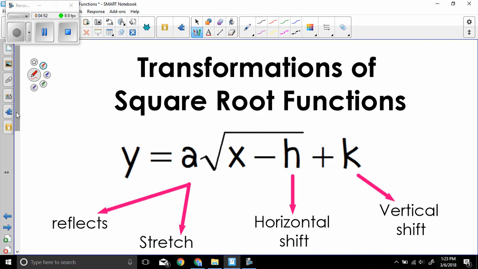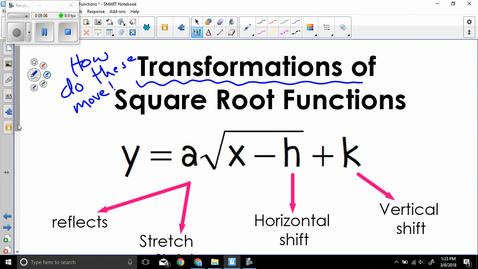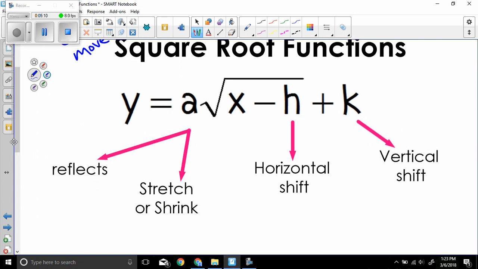Brings me to the transformation equations. Transformations means how are these transformed? Of course, it's definitely worth writing down each of these things. We've seen this stuff before.